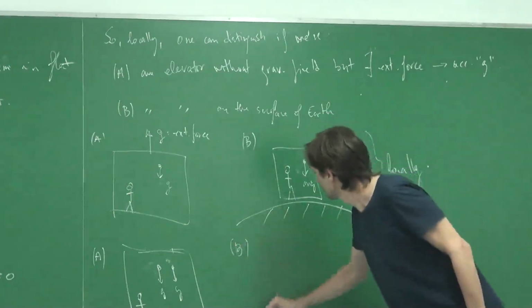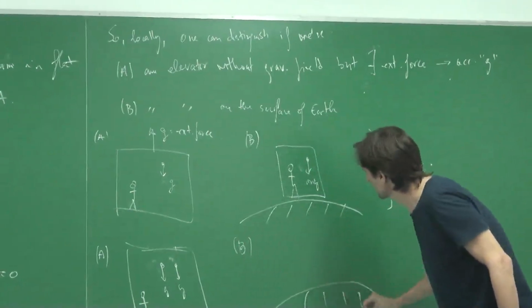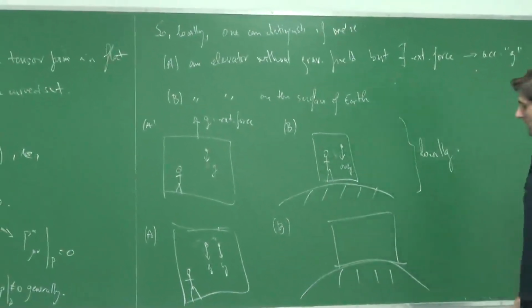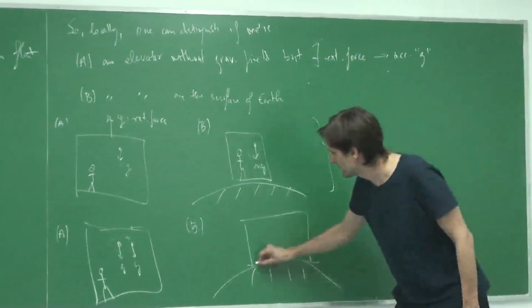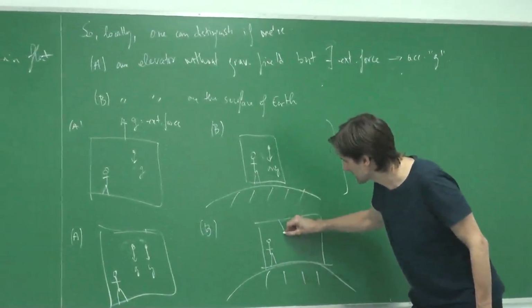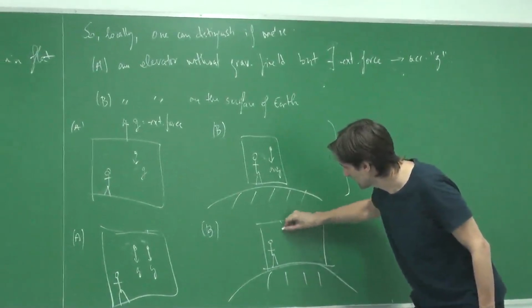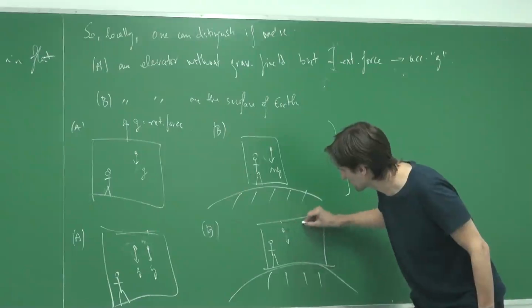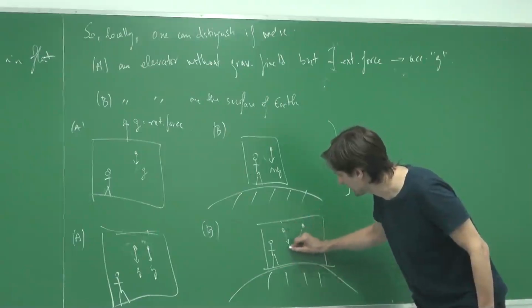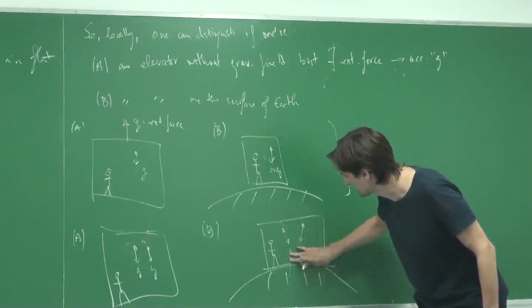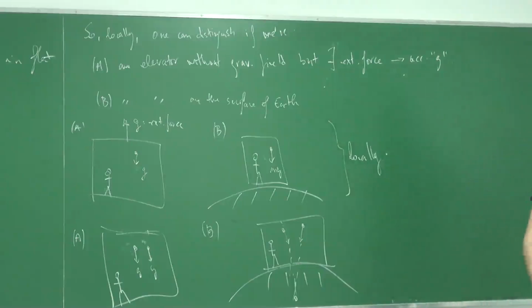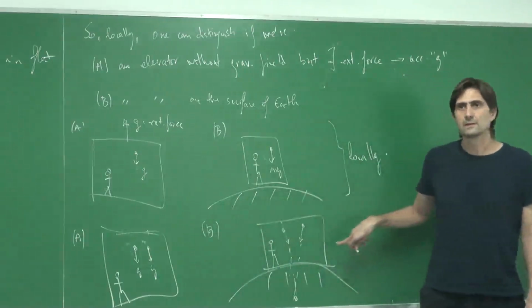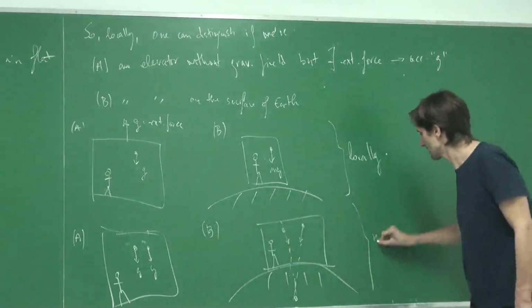And here, you've got that gravitational force, the force by Earth, actually pulling the particles towards the center of Earth. Okay, this is a massive exaggeration, of course. This is not to scale, but it points towards the center of Earth. So non-locally, you can tell the difference.